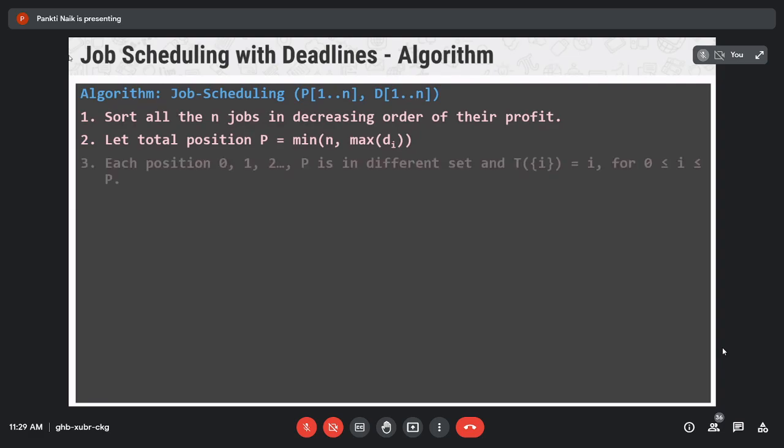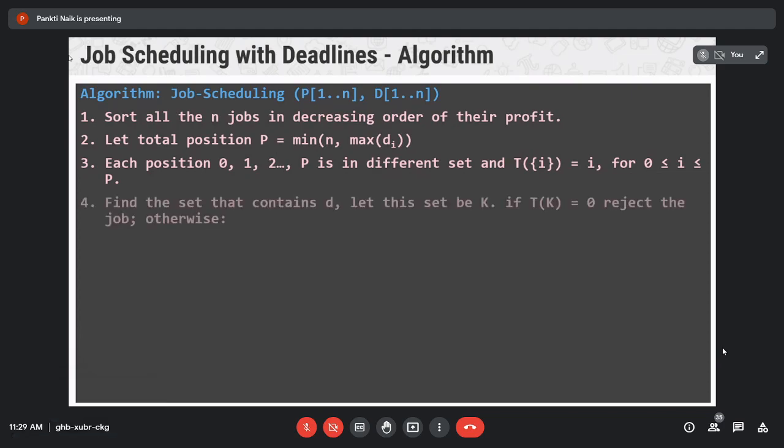Then third step is each position 0, 1, 2 up to P is in a different set, and T of I is equal to I for 0 less than or equal to I less than or equal to P. So this is for creating the final optimal array, and that array index starts from 0 to P.